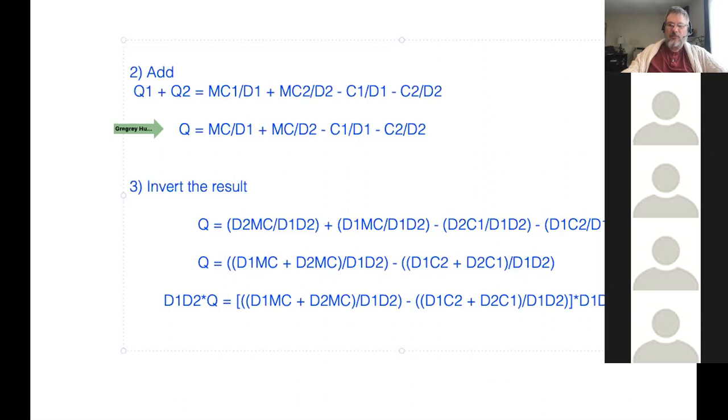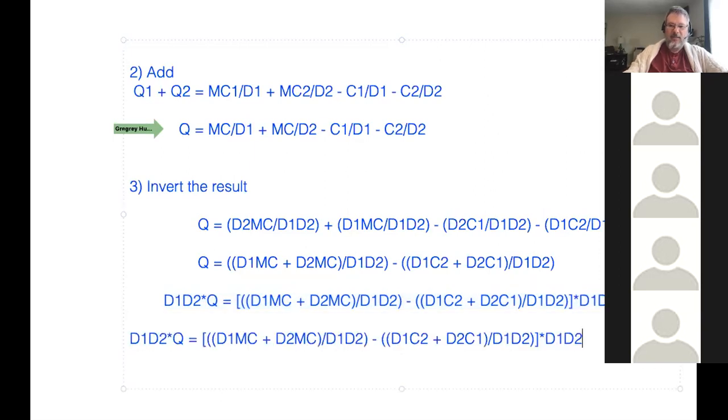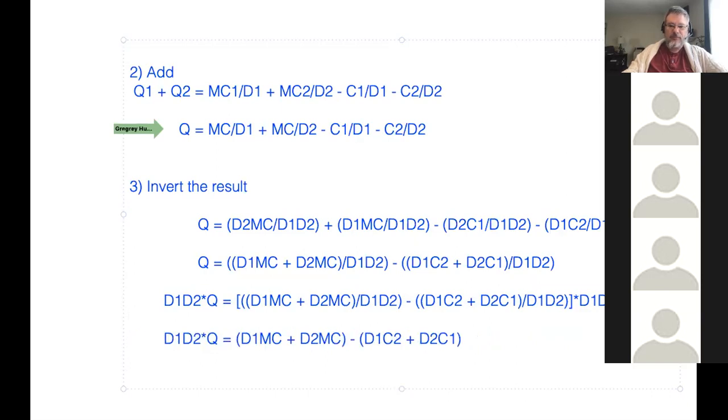Then I can copy this and paste it. You can see that the D1 times the D2 is going to distribute over both of these terms. And in the result, we're going to end up being able to get rid of the D1 times D2, right? Does everybody agree? Do you agree, Greg, with the result? Yep, I do. Okay.